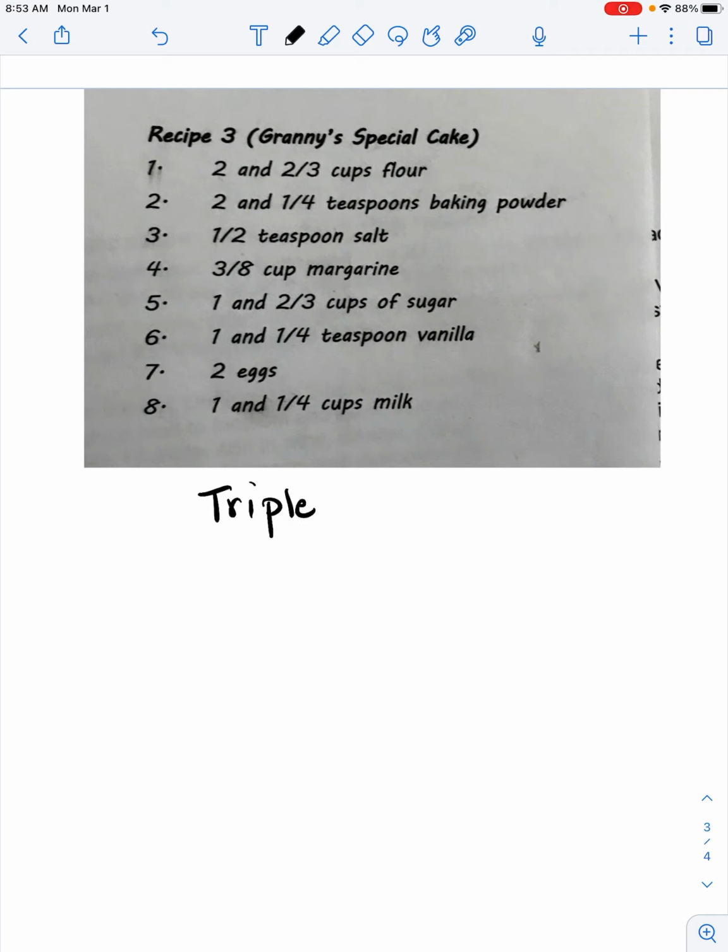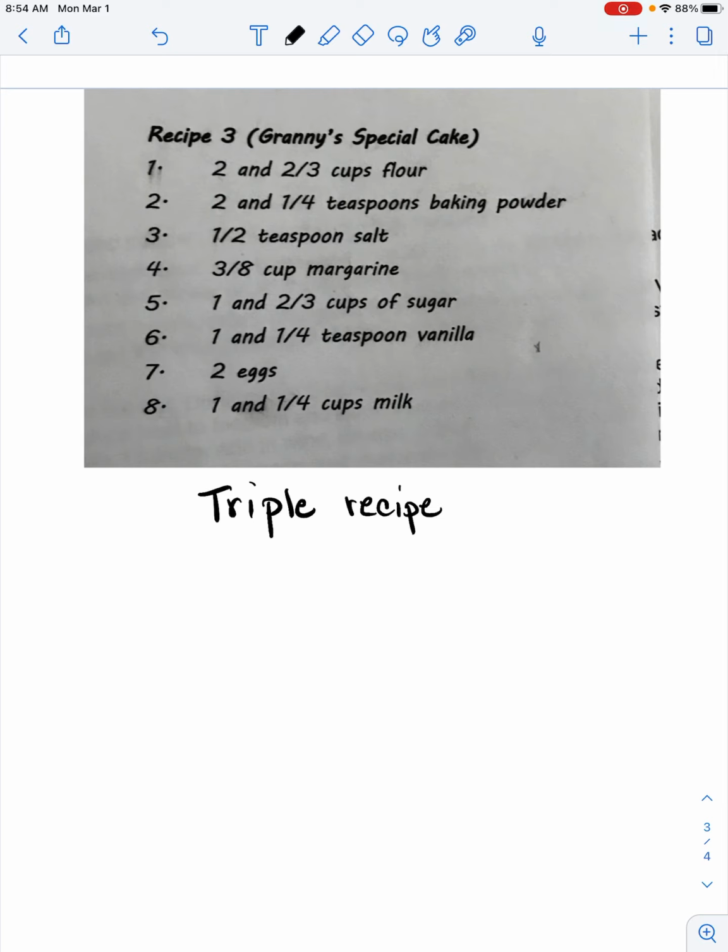Okay, let's say I want to make 3 cakes. This is how fractions come into play with cooking. When you triple a recipe, you must triple each ingredient. Otherwise, the proportions are different, the thing will taste different, and usually it won't taste so good.